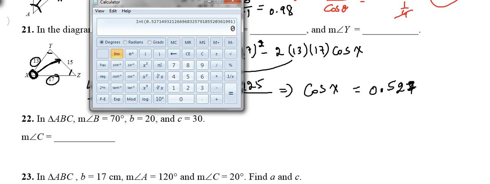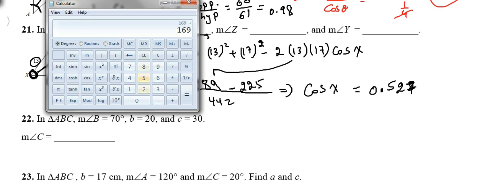Let me do the numbers again: 169 plus 289 equals this answer, minus 225 equals the final answer, divided by 442. We got this answer.